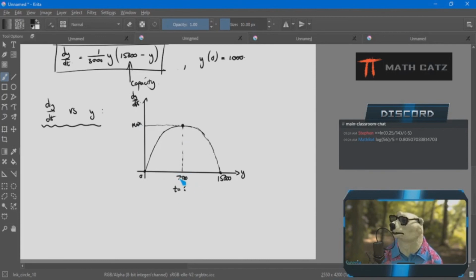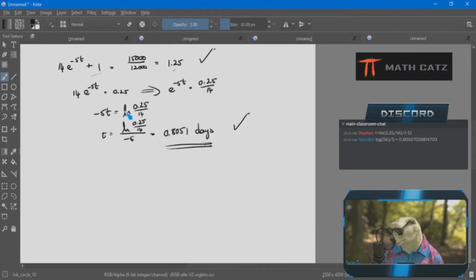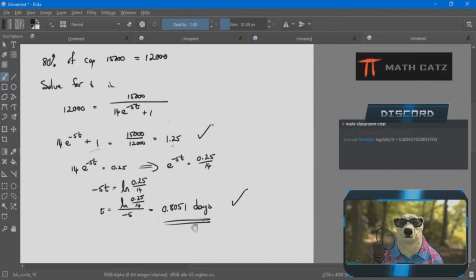So you can plug in 7,500 in this now correct function and go through the motions of solving for t with a different target instead of 12,000. And the time frame is just really short for this one. They grow actually really fast. So hopefully that gives you a good idea of the logistic equation that you can explore further if you are more interested.